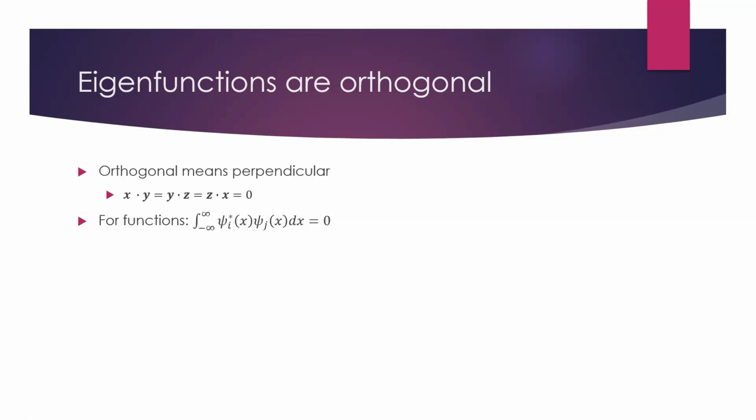You have a set of orthogonal functions if, when you take the complex conjugate of one of those functions and multiply it by a different function in the same set, and integrate over the variable of interest from negative infinity to positive infinity, you get 0.